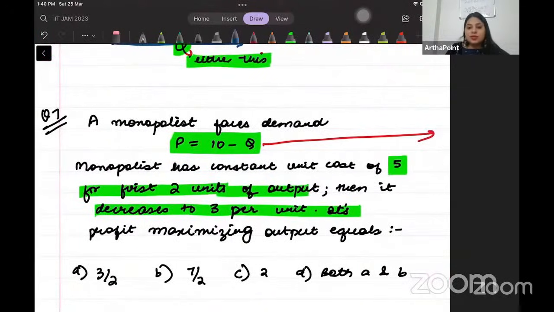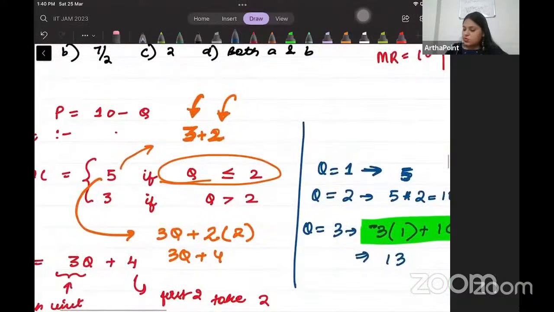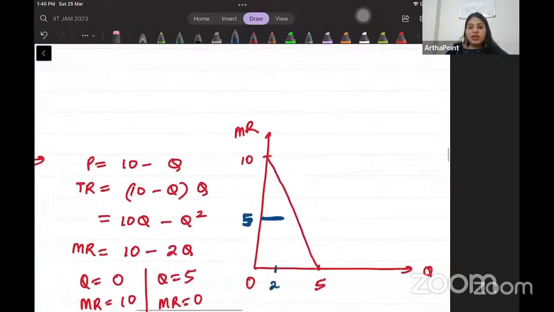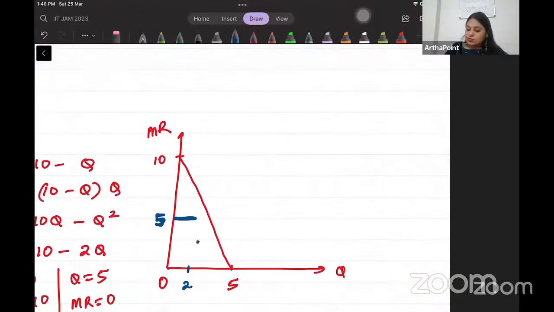And for the remaining units, it decreases to 3. Oh, did I do something wrong here? No, it is correct. For the remaining, it decreased to 3. So 2 onwards, 2 is included here, and then it decreased to 3. Something like this has happened.